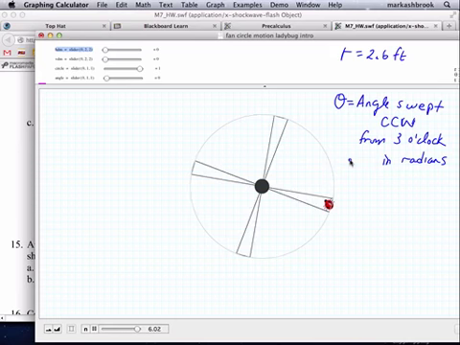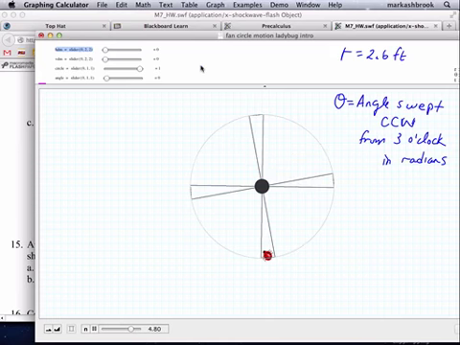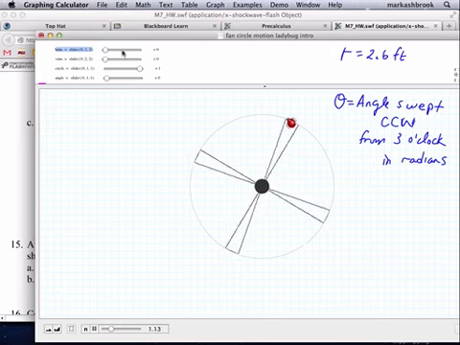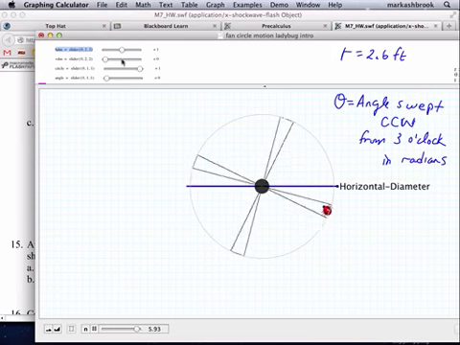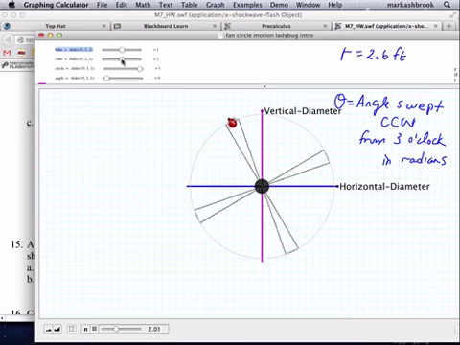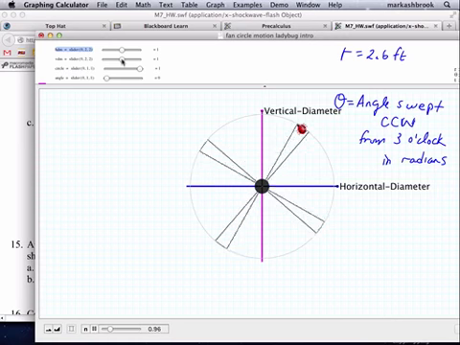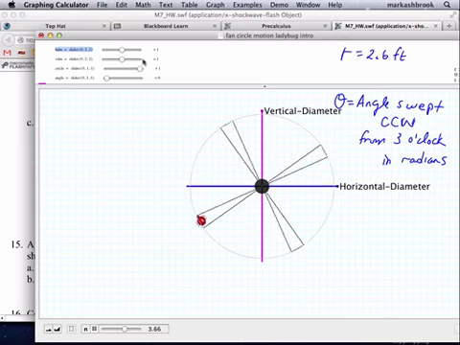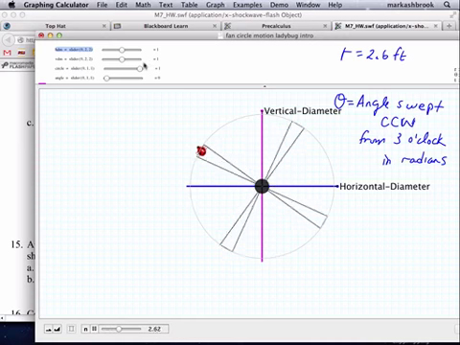What was another quantity that we wanted to track or monitor? We introduced a horizontal diameter and a vertical diameter. How did those help us pinpoint the position of the bug?